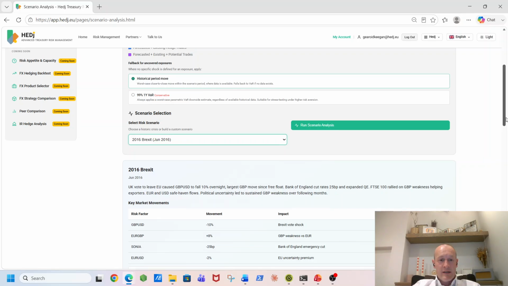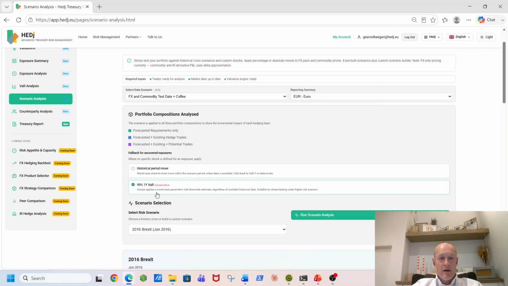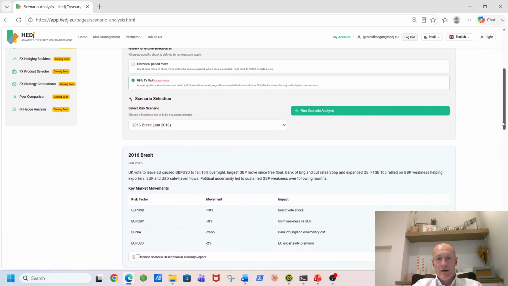So you can include that. If you have other exposures that weren't affected by Brexit, you can either look at how they moved during that historical period, or if you want a real worst case scenario, you can apply the 99th percentile worst case VAR.